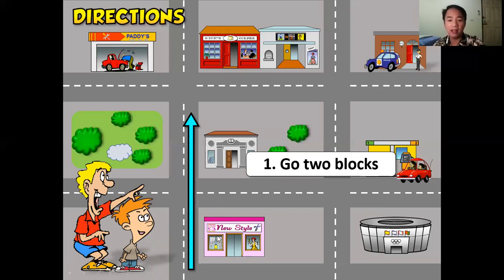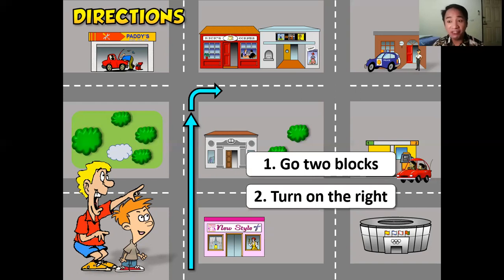Okay, the first block is here. The second one is here. So go 2 blocks and then, so what sign is this? You are going to turn left or right? Yes, you have to turn on the right side of the road or turn on the right and then follow the arrow.